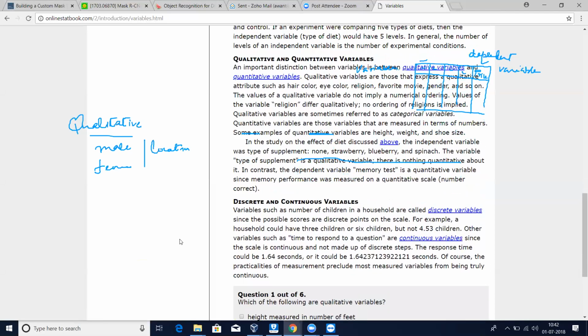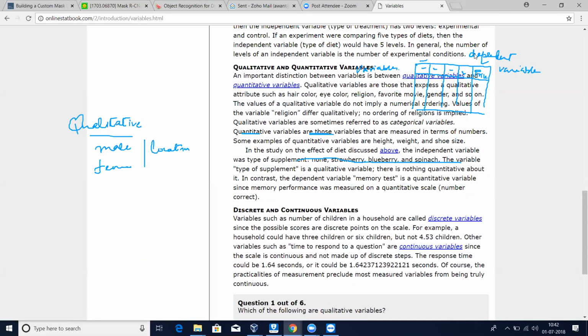Quantitative variables can also be measured in two types. This is qualitative, male, female, and all that. So quantitative is measured in two types. One is discrete, one is continuous.